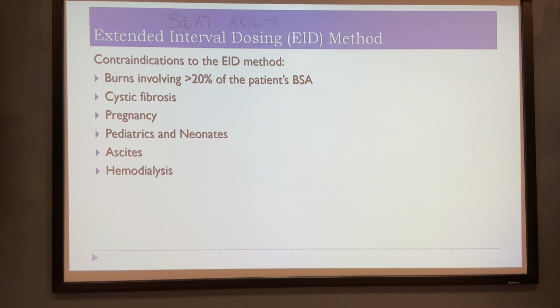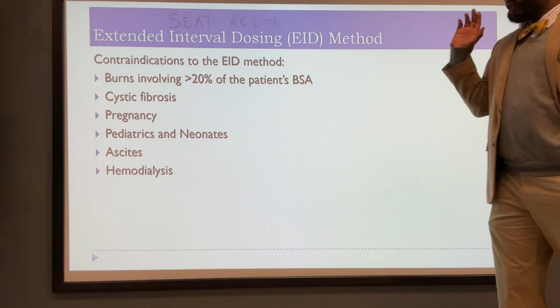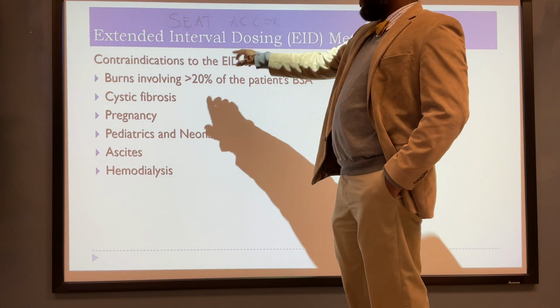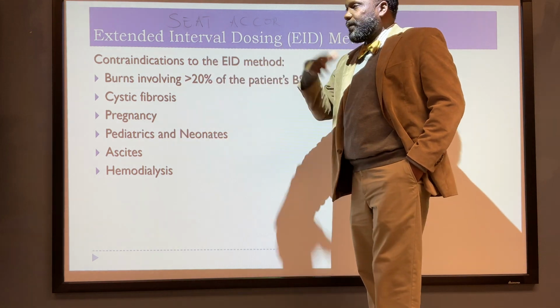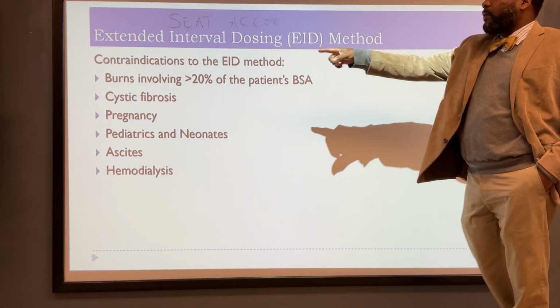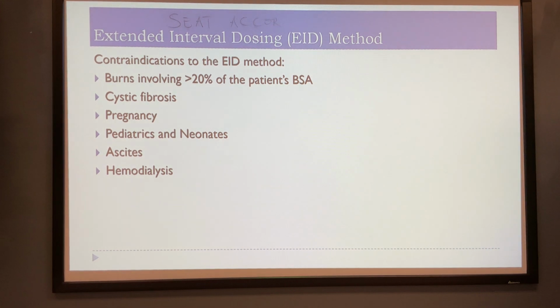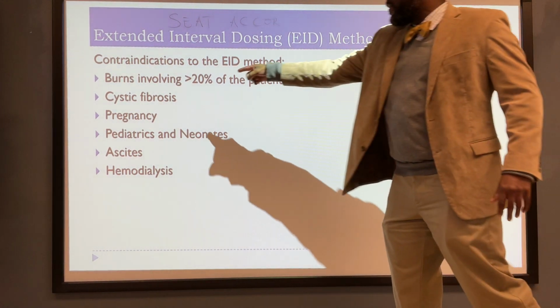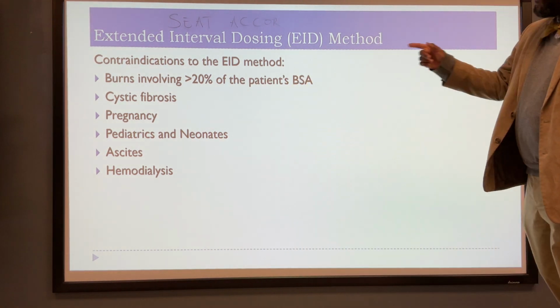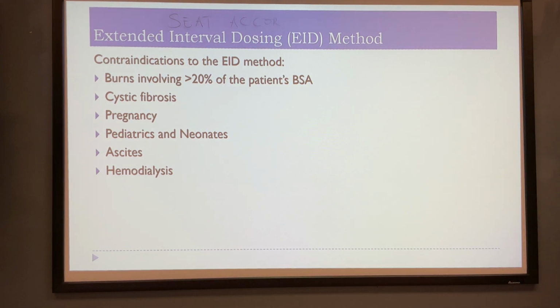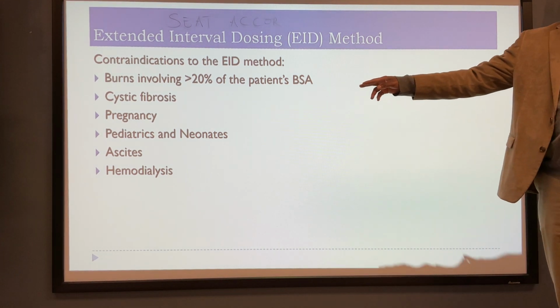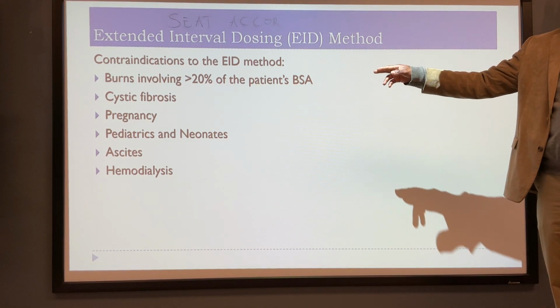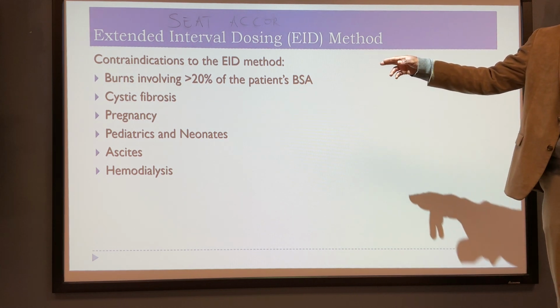So when can you not use this particular method? For some of the reasons that I talked about earlier. For burn patients that have an increase in clearance, we don't want to use it. Also for cystic fibrosis, if the patient is pregnant, for pediatric or neonate, and for ascites. Why would that be an issue? Y'all remember?